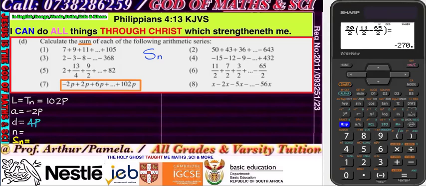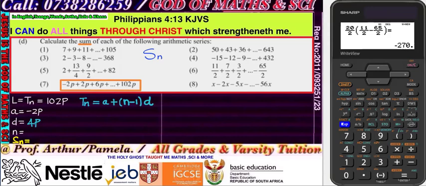So using the last term formula, or the nth term formula, it's going to be T subscript N equals A plus, you open the parenthesis, N minus 1, then times by the D.